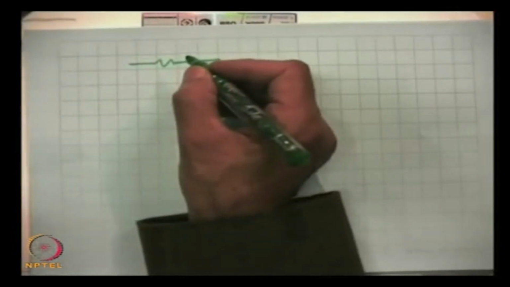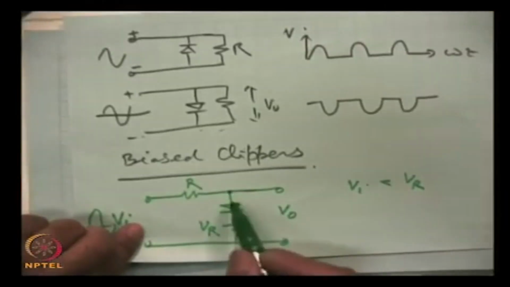This equivalent circuit is this, because this diode is reverse biased. So, that will be showing almost infinite resistance. We can take out the infinite resistance, and then this reference VR, this is Vi less than VR.